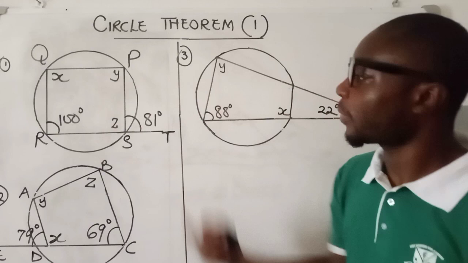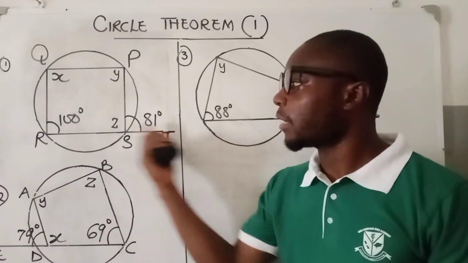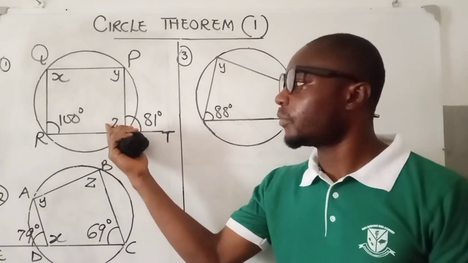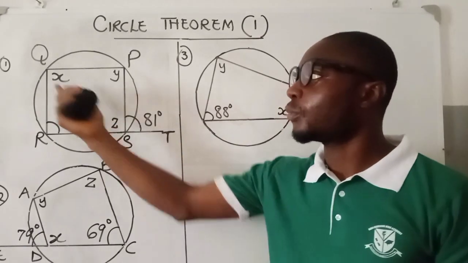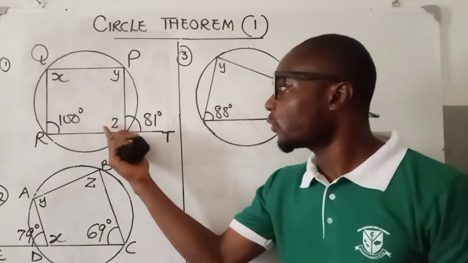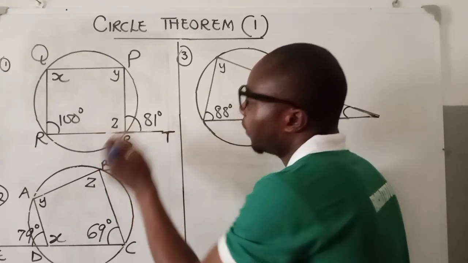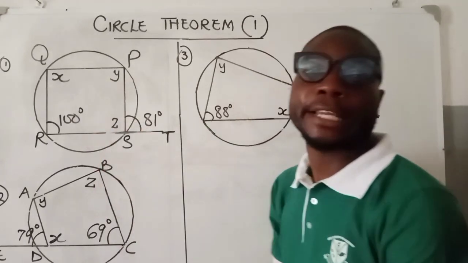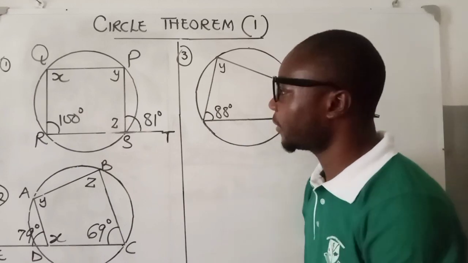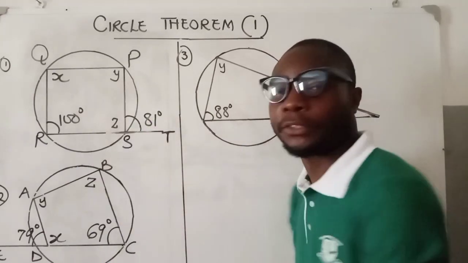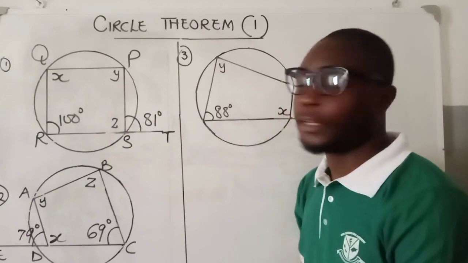So in doing that, we have 81 degrees here and we have z degrees. We need to know the value of z degrees, and that will enable us to know x degrees. For us to know the value of z degrees, we can see this straight line. The sum of angles on a straight line is equal to 180 degrees. That means 81 degrees plus z degrees is equal to 180 degrees.